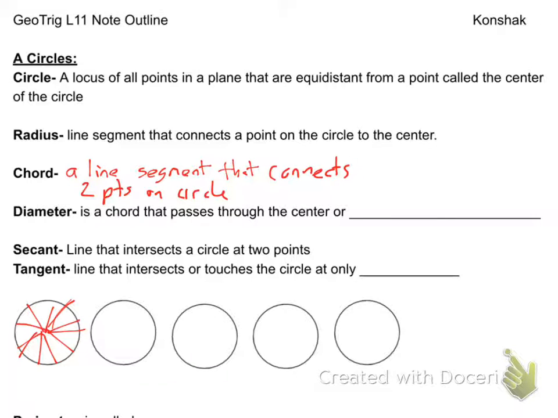So any 2 points on the circle connected with a straight line creates a chord. So in our drawing, if I connect these 2 points on that circle, I have a chord.